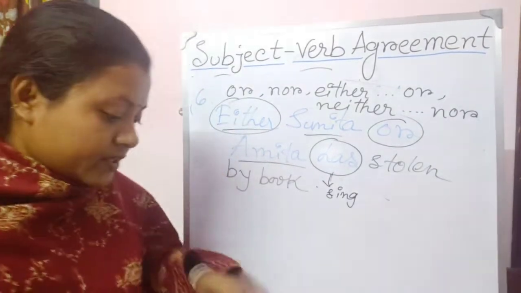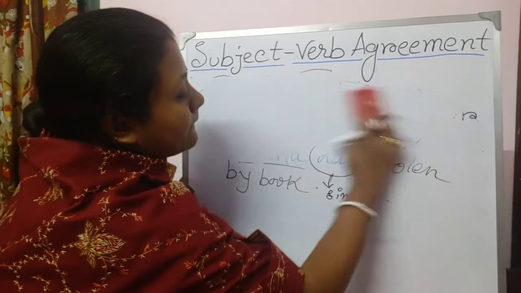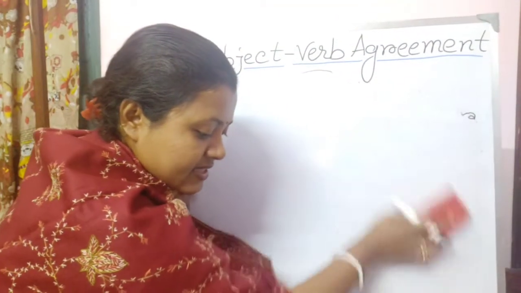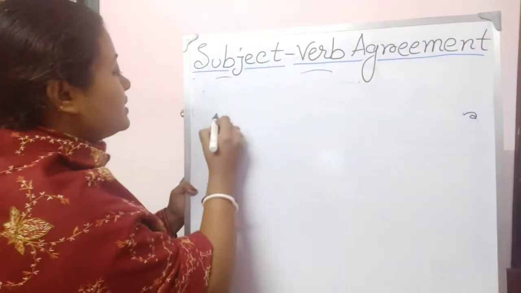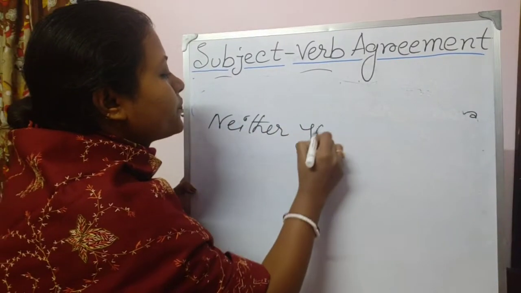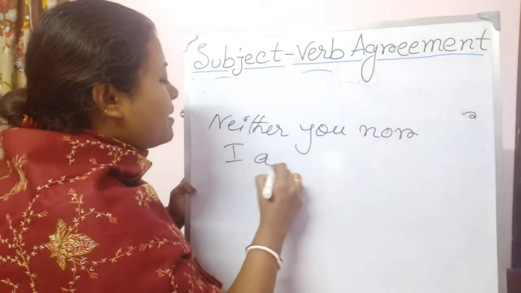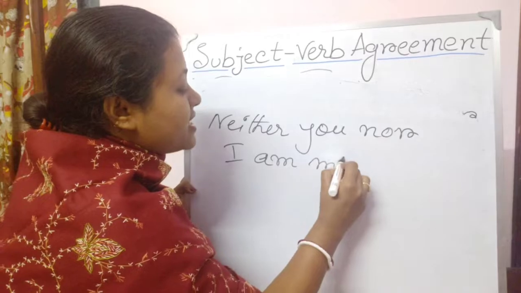Okay. Now let us move towards the next example. See over here. If I say this sentence, neither you nor I am mistaken.